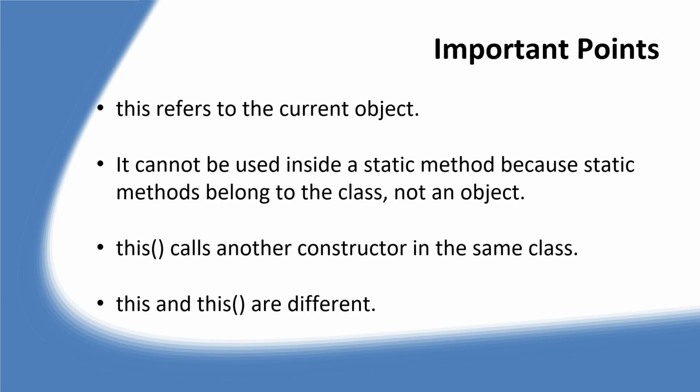Now the important points to take care of: this keyword refers to the current object. It cannot be used inside a static method because static methods belong to the class, not an object. What does it mean?